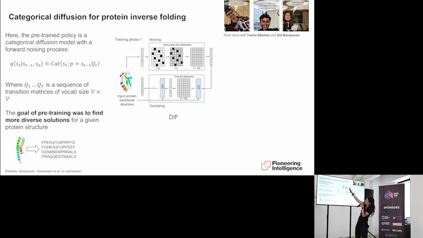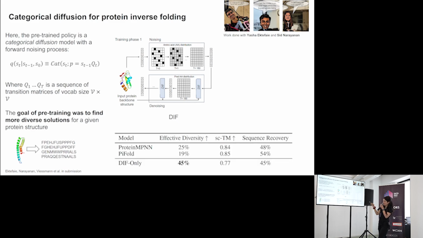And then at each step, you're making them more and more evenly distributed by applying these Q matrices, which are transition matrices of your vocab size, in this case 20 by 20. And again, the goal of this pre-training is to find more diverse solutions to the inverse folding problem. We call this model DIFF, like diffusion inverse folding.